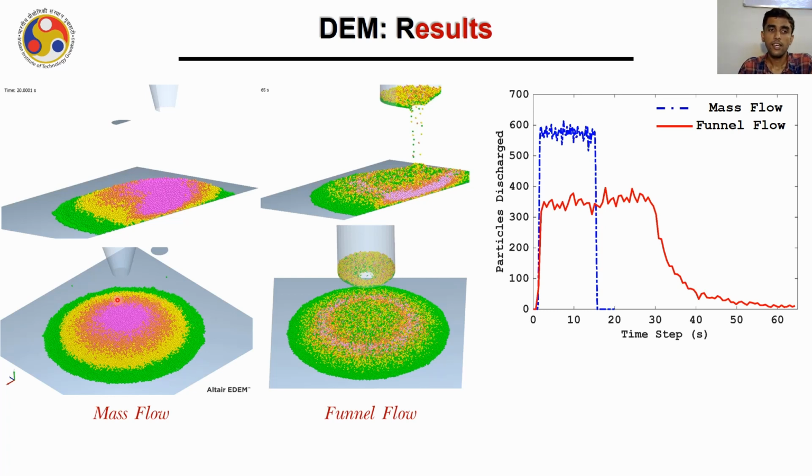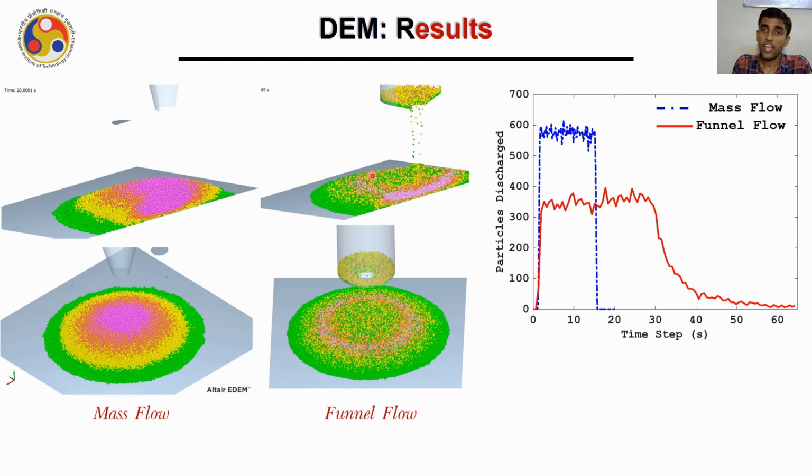If you remember, the green particles were the first layer, closest to the outlet, followed by the yellow layer, then the orange layer, then the pink layer. You can see that the green layer has discharged first, followed by the yellow, then orange, then pink. So with a very high cone angle, the discharge takes place in a layer-wise fashion.